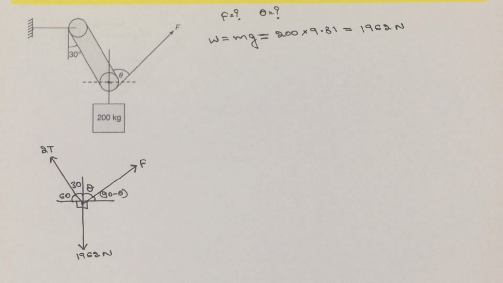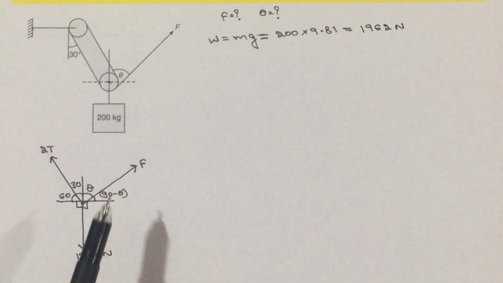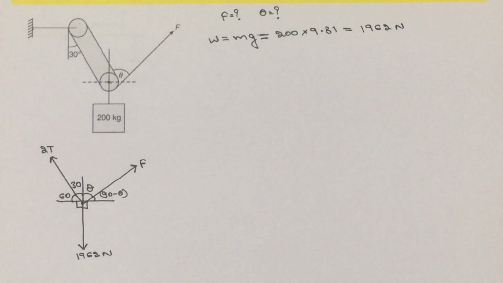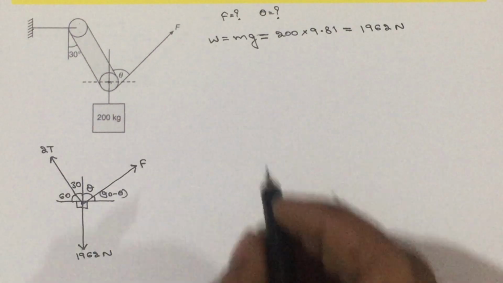Then choose the method. How to choose the method? For that, we need to count the number of forces first. Here 1, 2, 3 number of forces. If only 3 forces are acting and there are only 2 unknowns, then we can make use of the equilibrium condition, Lami's theorem, to solve the problem.